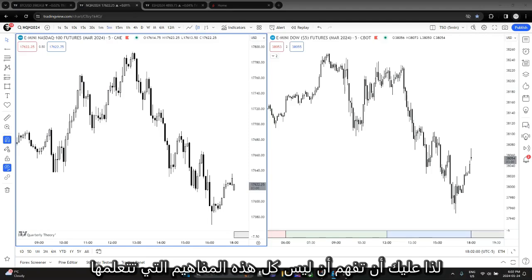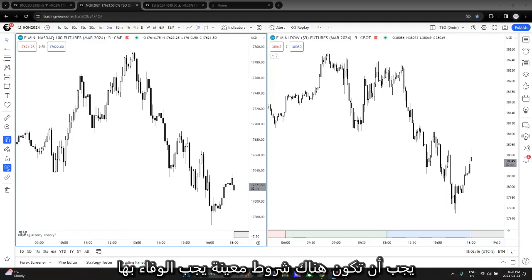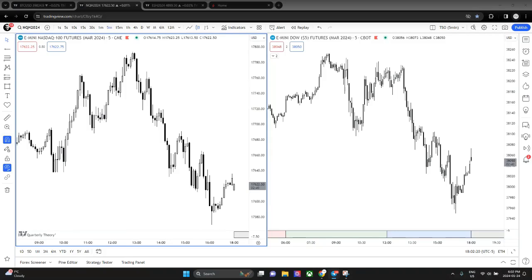reversals. So you need to understand that not all of these concepts that you are learning can be used in every single price swing, right? There have to be certain conditions that need to be met for these things to work.